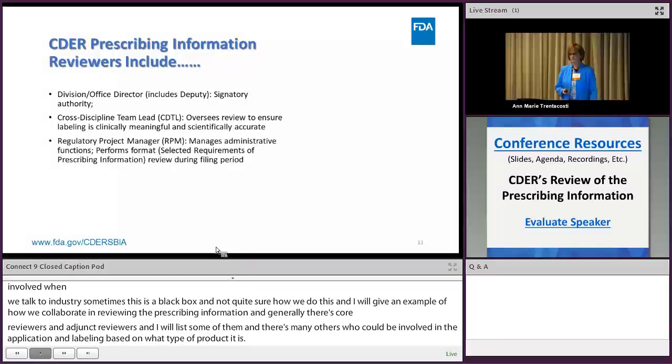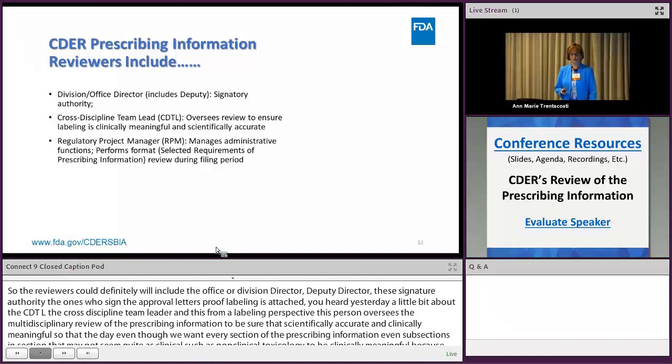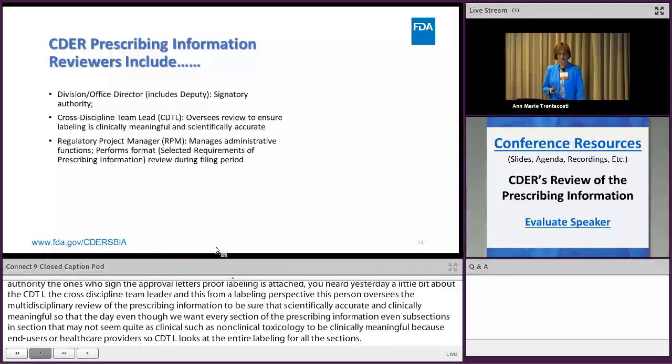The regulatory project manager, you heard yesterday about their various roles. They're certainly very involved in the review of the prescribing information. They perform and manage administrative functions. So they will set timelines. They will schedule meetings, for example. They will communicate with the applicant and manage communications within CDER.